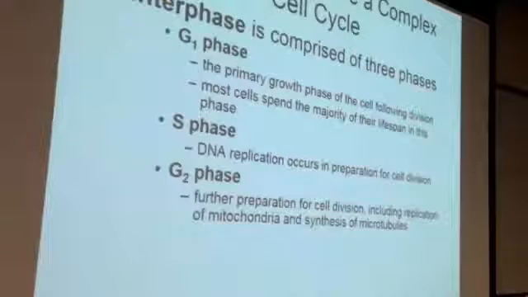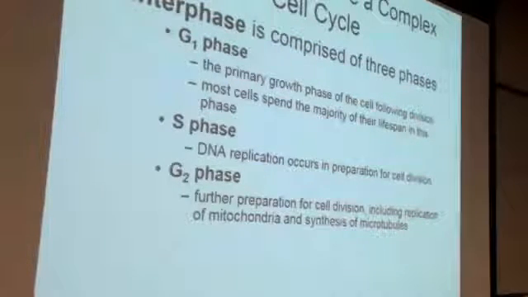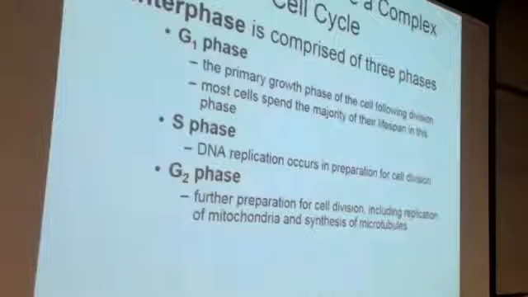So if it gets damaged, it can divide to repair itself. That's why in extreme cases, you could donate part of your liver to, say, a family member if they couldn't find a matching donor, because your liver will grow back and the part you give them will grow. So that's kind of neat.